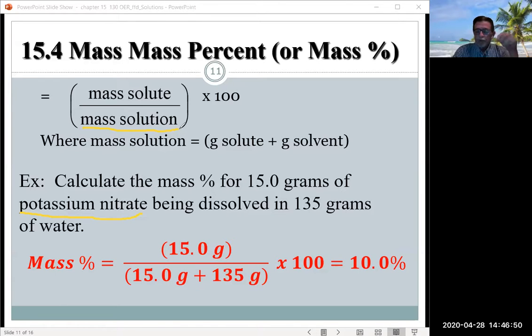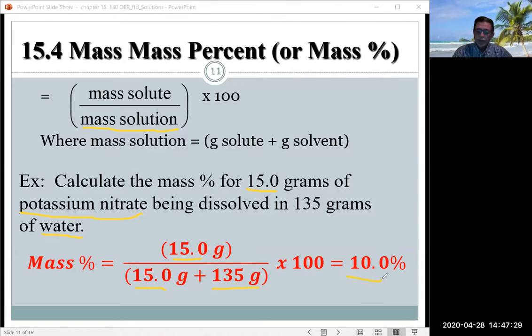That incorporates not only the mass of the liquid, in this problem it's water, but also the mass of the solute, which is in this case potassium nitrate, 15 grams. Hence, in the denominator, we have the sum of both those weights, 15 grams and 135 grams. And in the numerator, we simply have the mass of the solute, which is 15 grams.